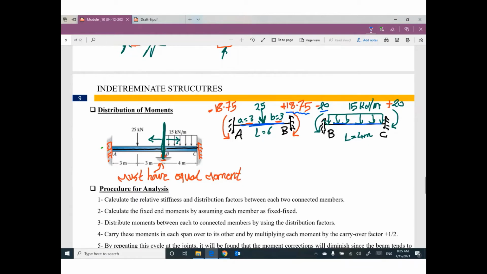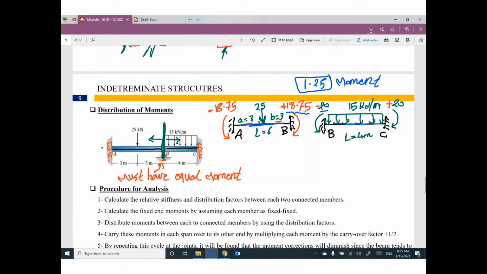So what do you think? What is the difference between this one and this one? We have, I believe, 1.25 moment between the two values, 20 and 18.75. That makes sense? So what do you think?